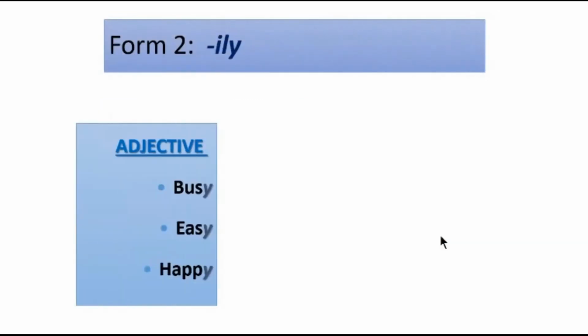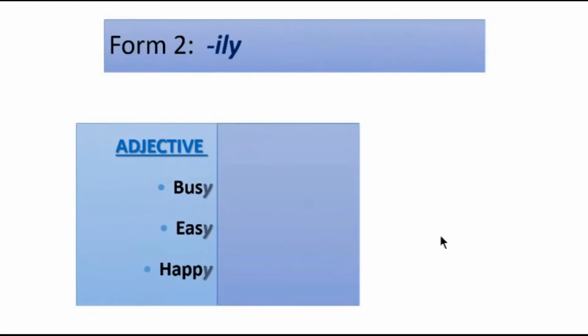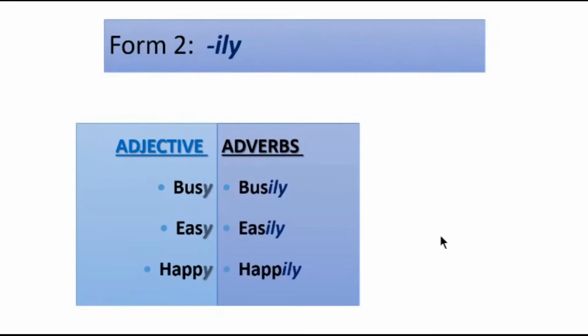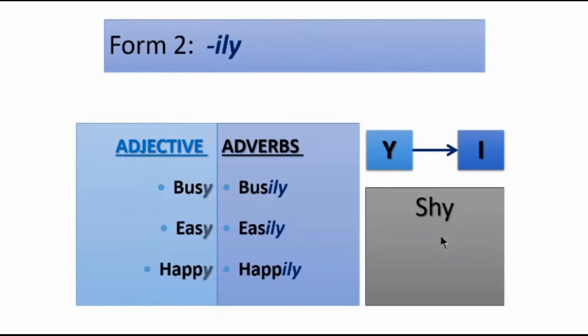Then you have another group. For example, busy, easy, happy: easily, happily. Here you have to change the y to i and add ly.